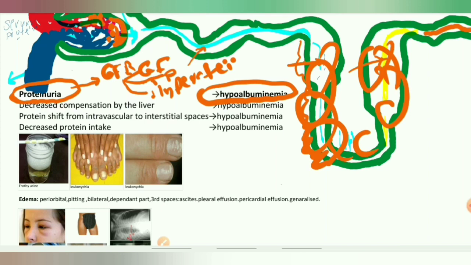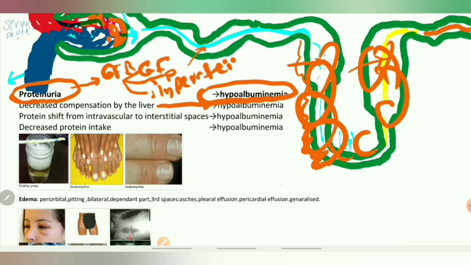So back to nephrotic syndrome: because of proteinuria mainly we get hypoalbuminemia. Other factors are decreased compensation by protein synthesis in the liver, because the amount synthesized by a healthy liver is not sufficient to compensate for the protein lost in the urine.